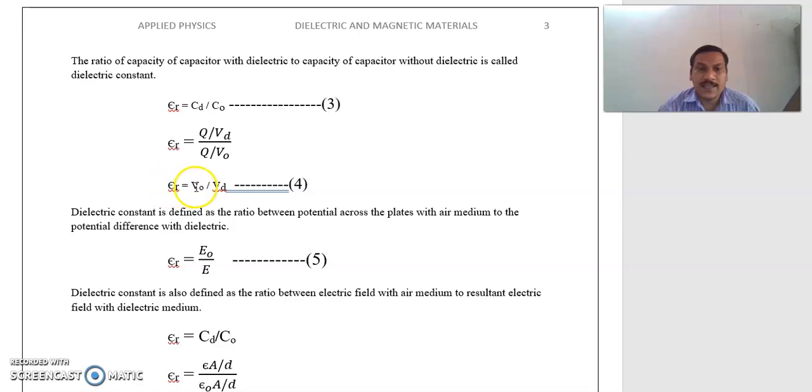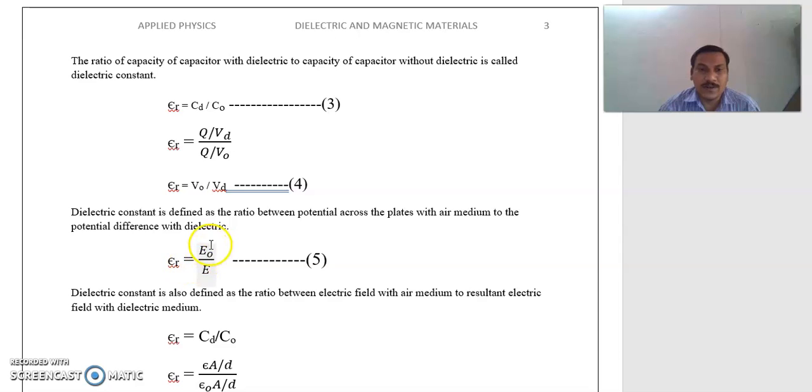Then epsilon R equals V naught by Vd. The dielectric constant is defined as the ratio between the potential difference across the plates with air medium to the potential difference with dielectric material.